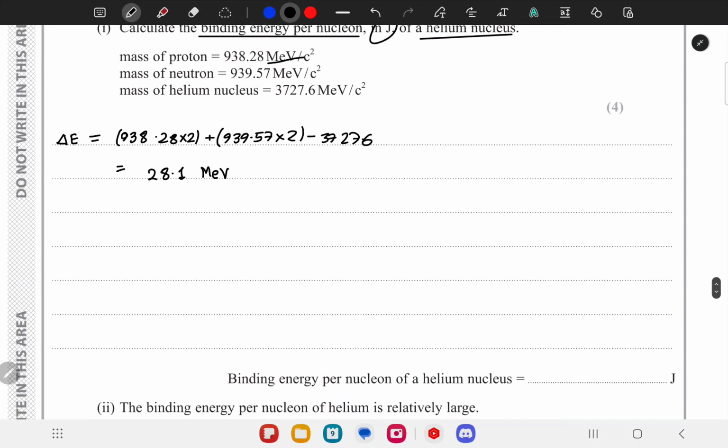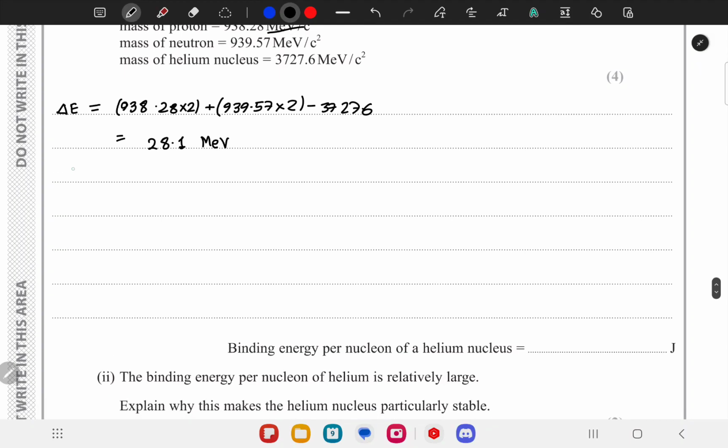Since they want this in joules, we have to find the binding energy in joules. So 28.1 into 10 cube electron volts, and multiply it with 1.6 into 10 to the power minus 19 to convert it into joules. So this would be 4.496 into 10 to the power minus 15 joules. This is the total binding energy.